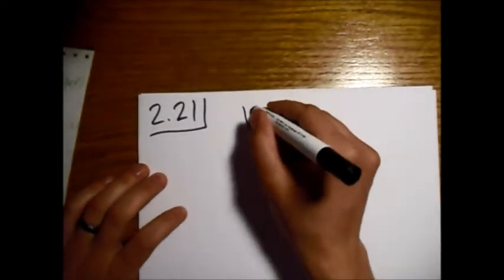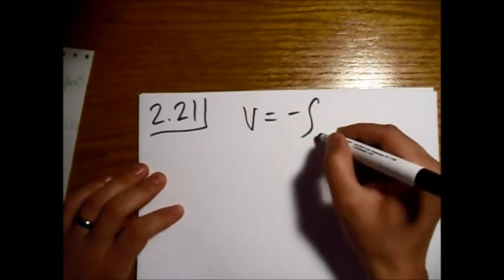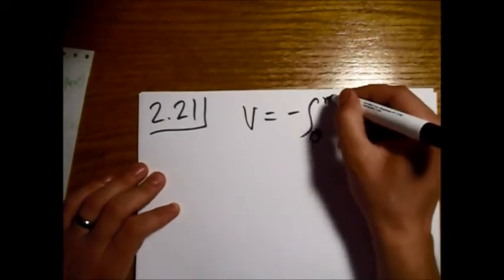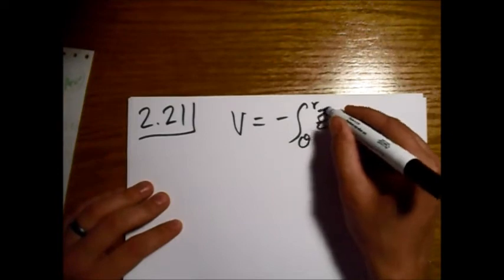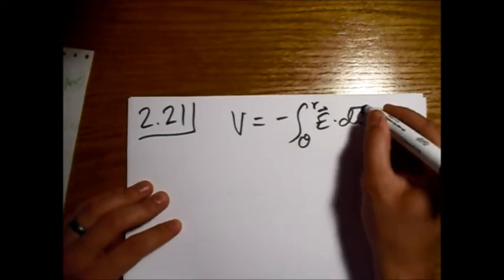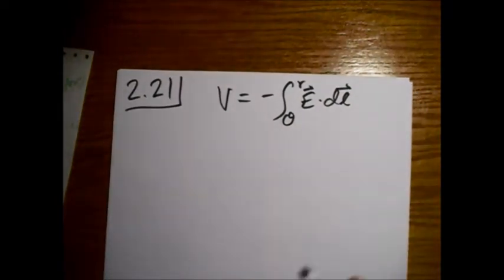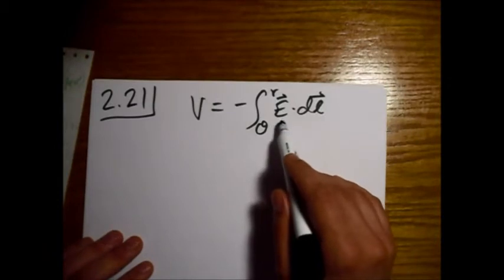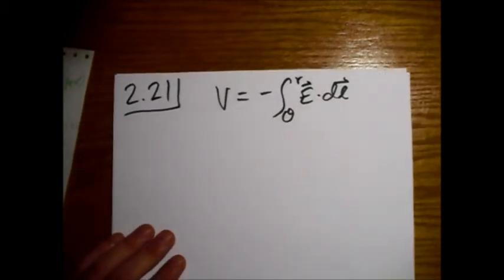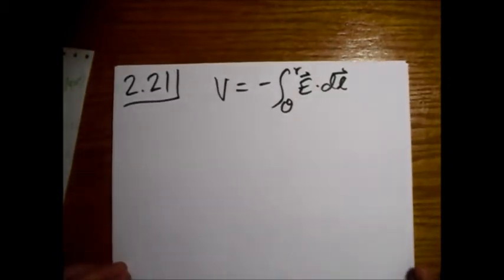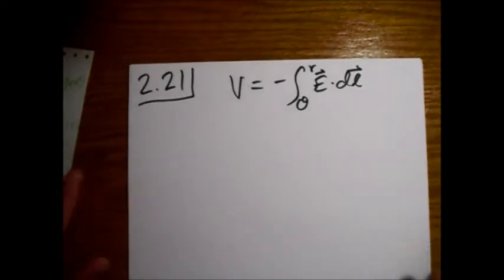Alright, so to find the potential we'll be using this equation. First we need the electric field in each region. And we've probably done that in earlier problems just by Gauss's law.